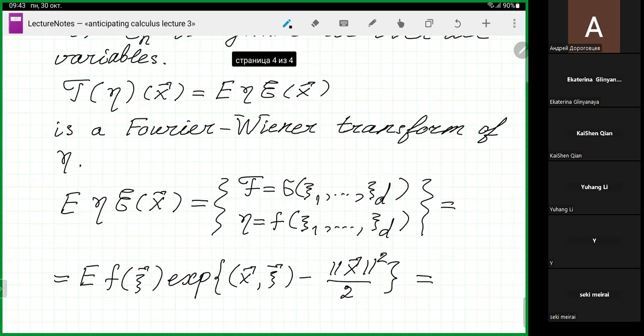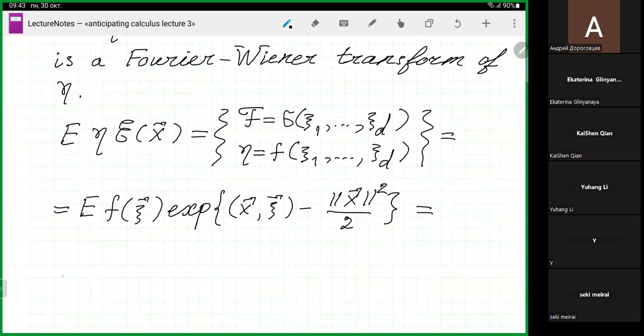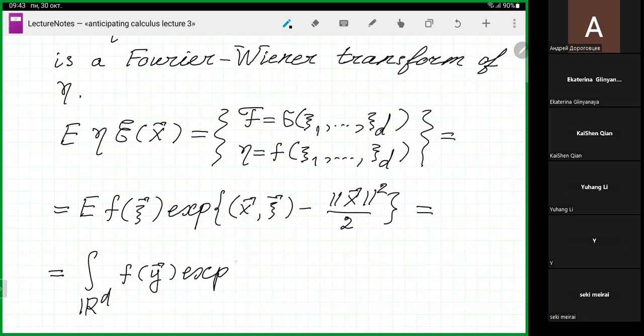And it is equal to the following integral. Now I use the fact that our vector xi has a density. So this is the integral over Rd of f of y, times the exponent of xy minus norm of x squared over 2.